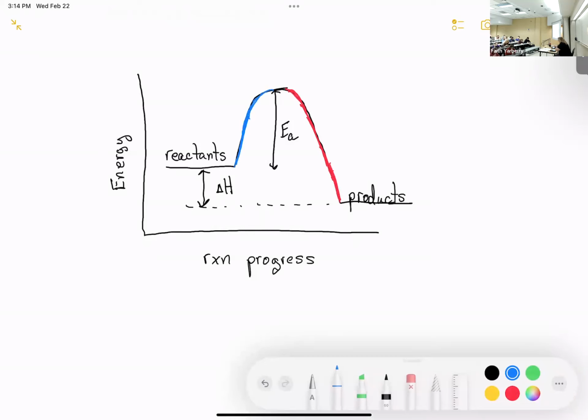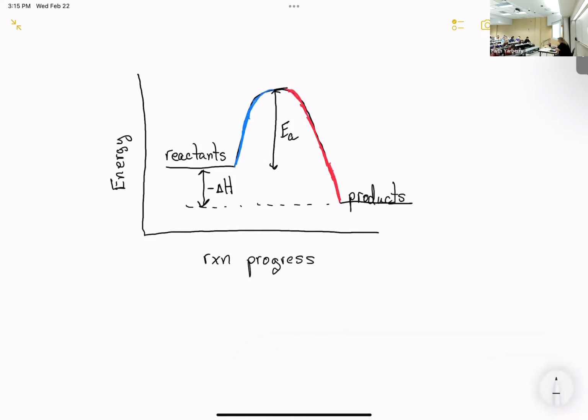So in this diagram, we are talking about a negative delta H, because more energy was lost by the reaction than absorbed. In other words, this is an example of an exothermic reaction.